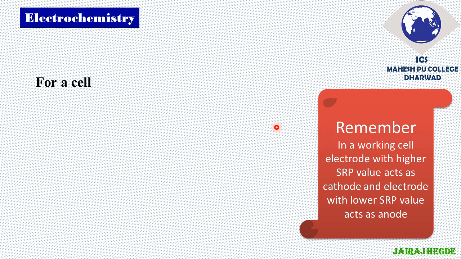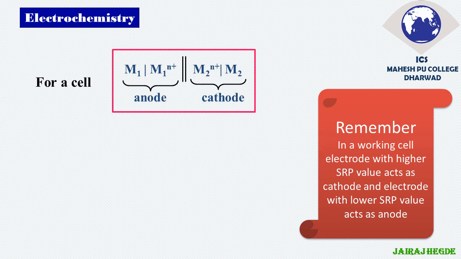Let us take this thing afterwards. Let us take a cell. For a cell, M1 bar M1 n plus, that means it is acting as anode, and M2 n plus bar M2 is acting as cathode, because here the oxidation is taking place from a metal to metal ion. Here reduction is taking place from a metal ion to metal.